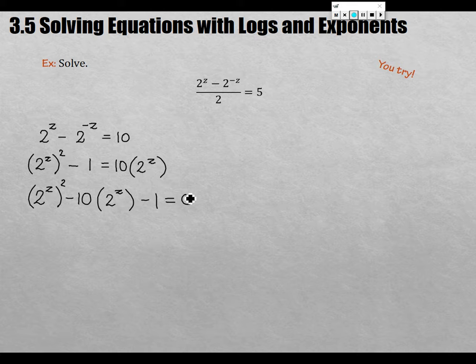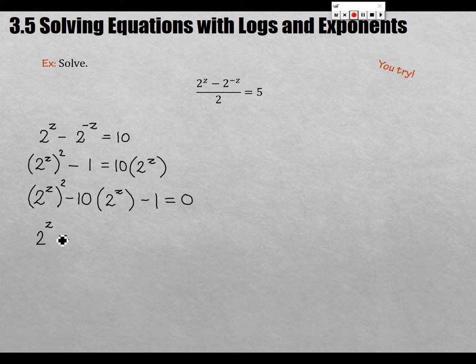What's your method out there? People are doing what? Quadratic formula, or you like completing the square? I'll do whatever the people cry for. Quadratic formula, okay. This is not bad to complete the square, though, right? That's not a bad one for completing the square. But we'll do the quadratic formula because I hear the outcry.